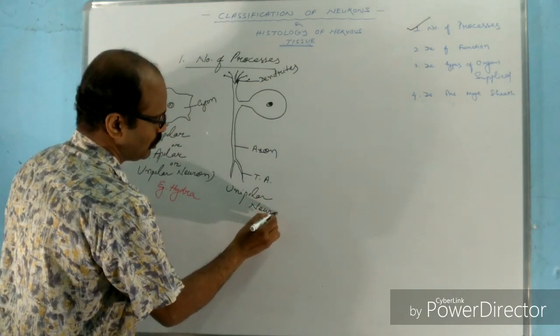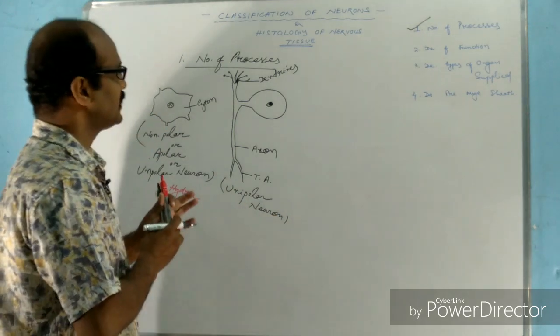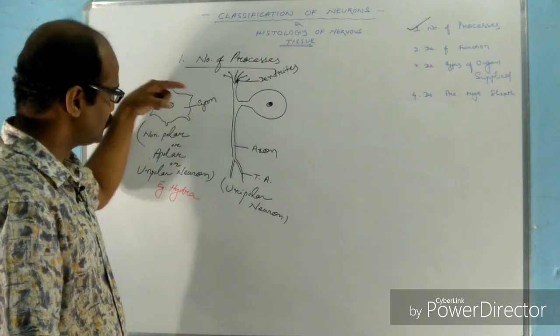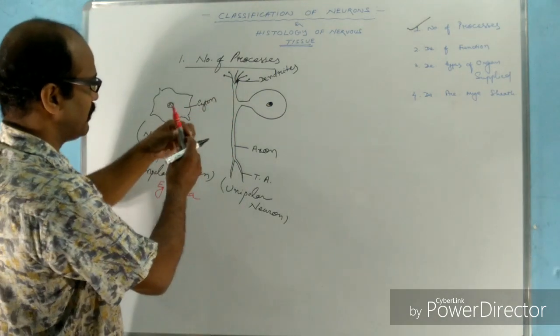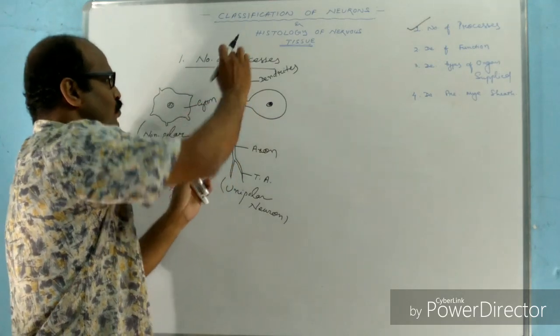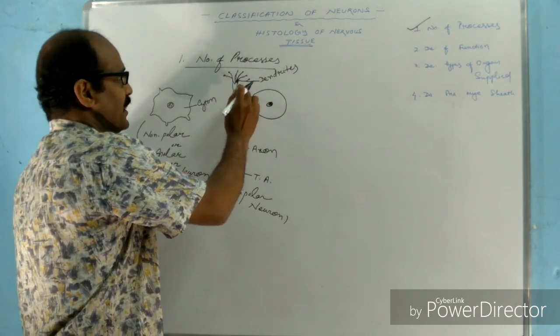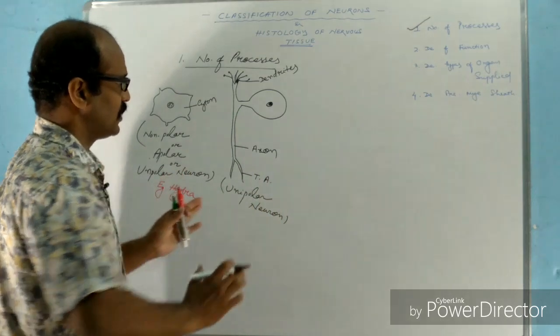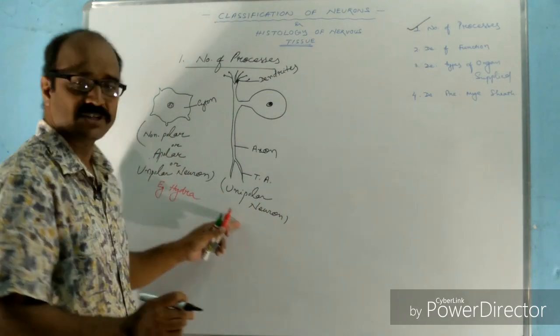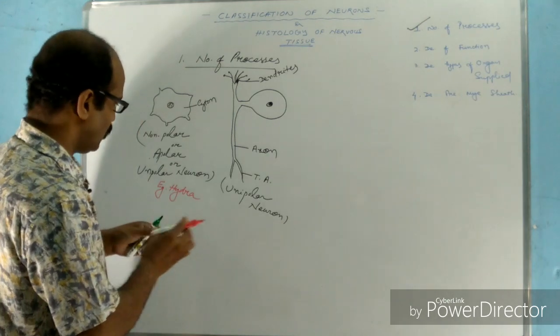Unipolar neuron, where a single pole is present, from which a single extension, a single axon, develops, and after running some extent it divides into two. One forms the dendron and another forms the axon. This type of neuron is known as the unipolar neuron.